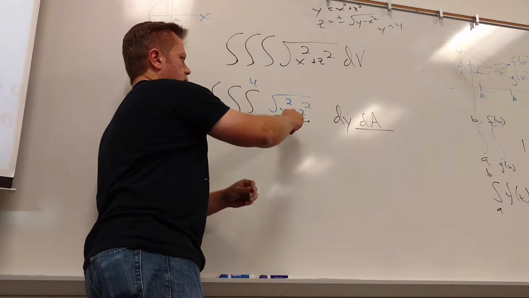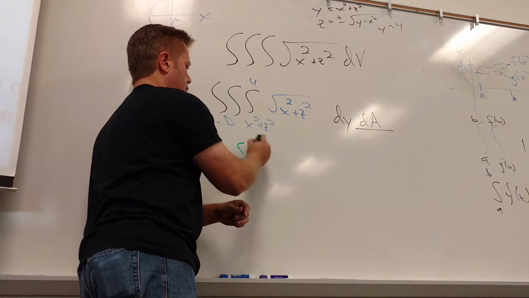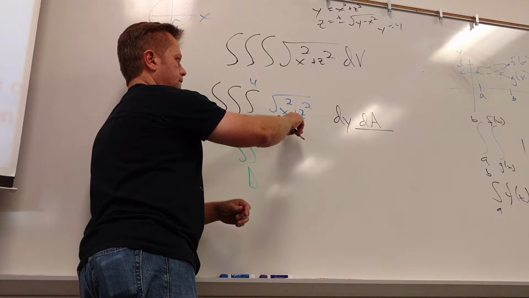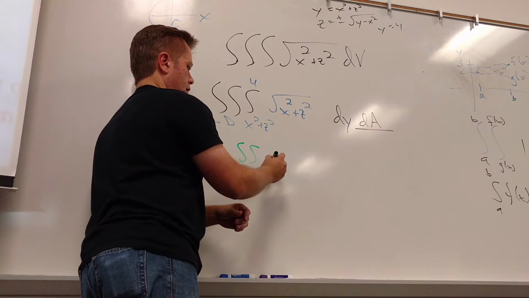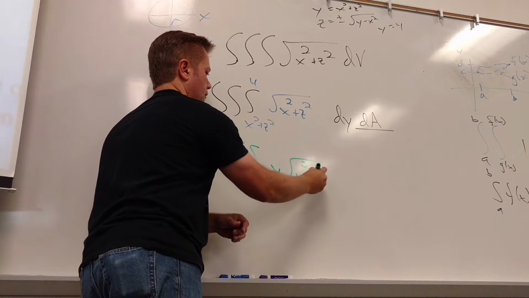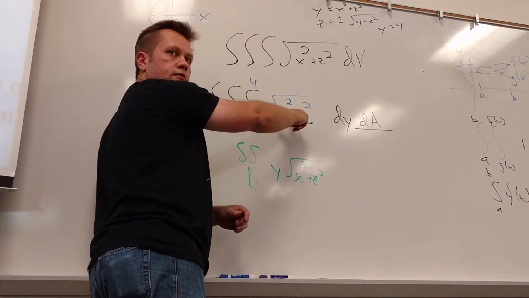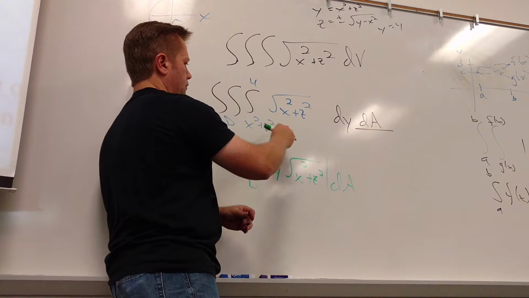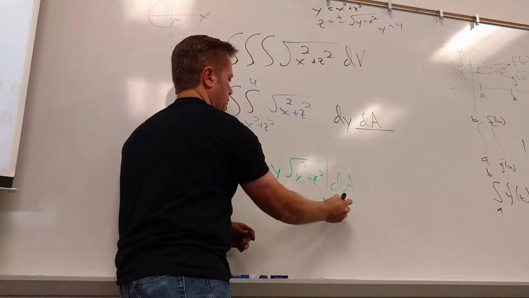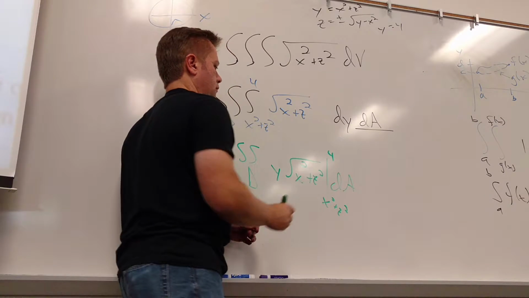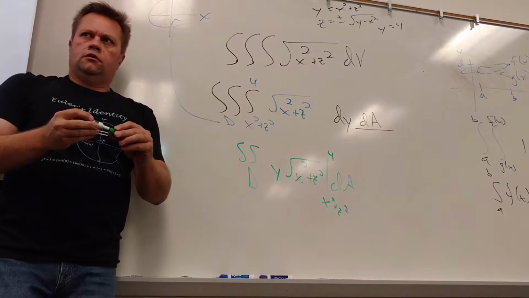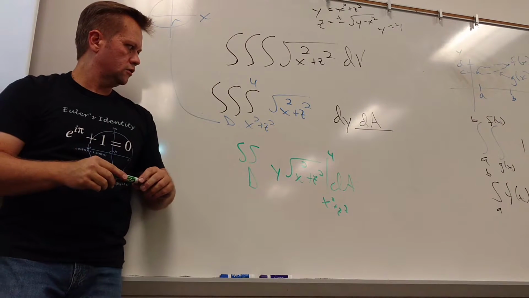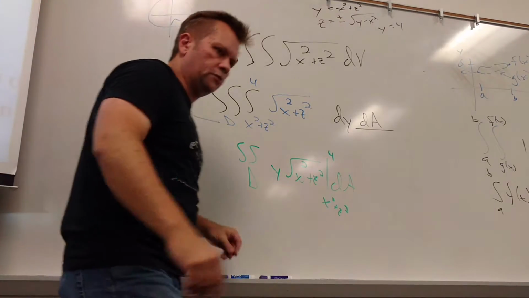But let's see. So all this integral on the inside is going to become what? R. Y times that. It's amazing. Because that's a constant. And then I got dA. And it's evaluated between x squared plus z squared and 4. I like it. Let me write that better up here.